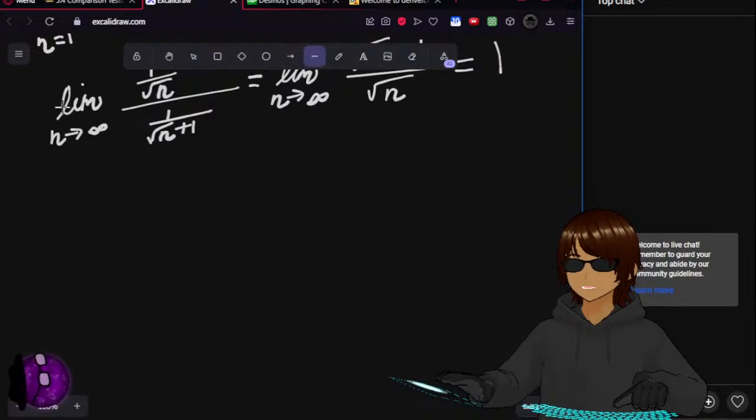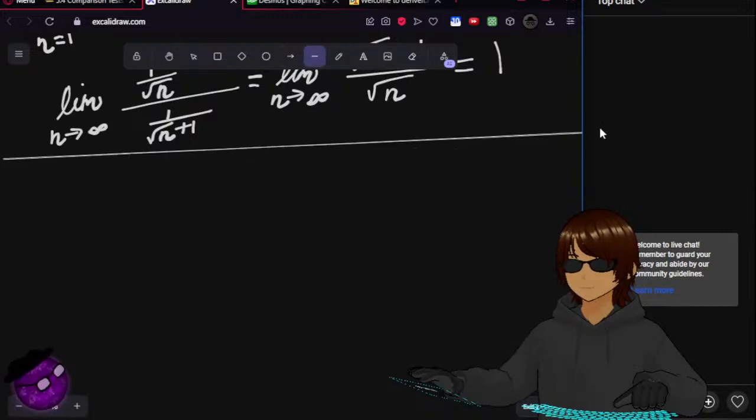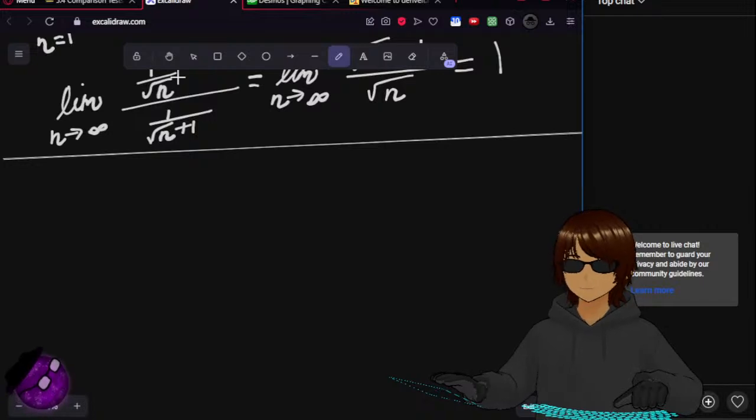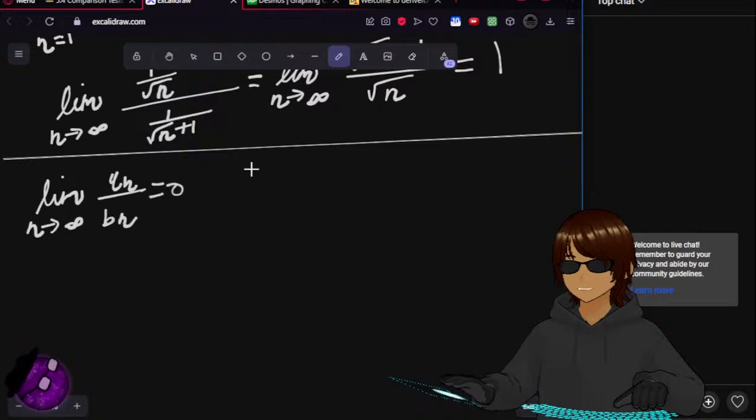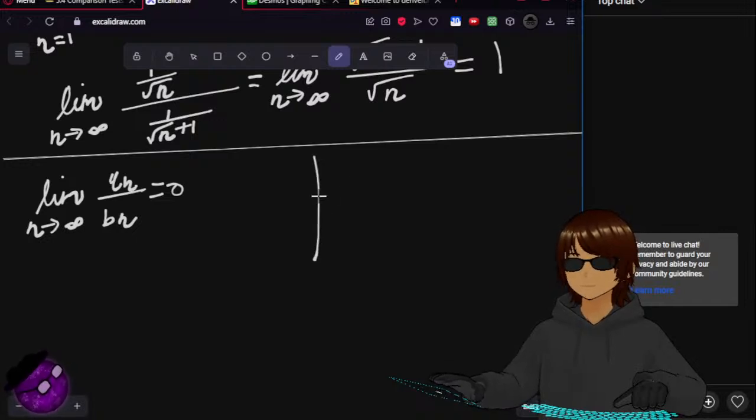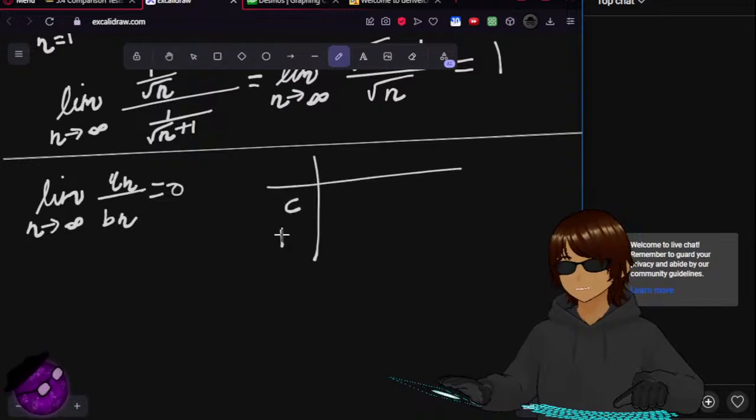Wait, let me... if the limit as n goes to infinity of an over bn is equal to 0, then converge, diverge, no.